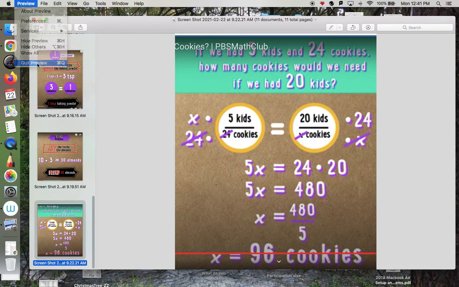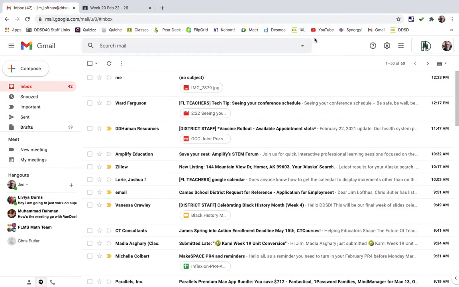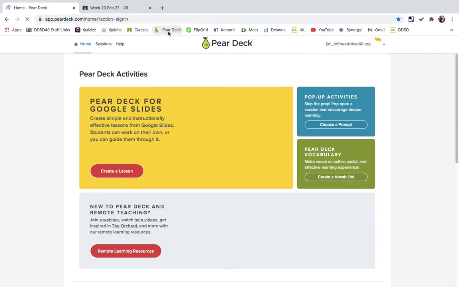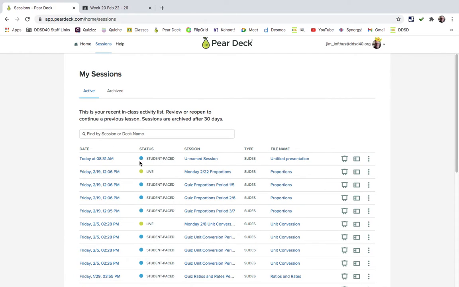And then the other thing I'm going to do in today's recap is go to Pear Deck. I am going to do cards 2 and 4 from today's Pear Deck.